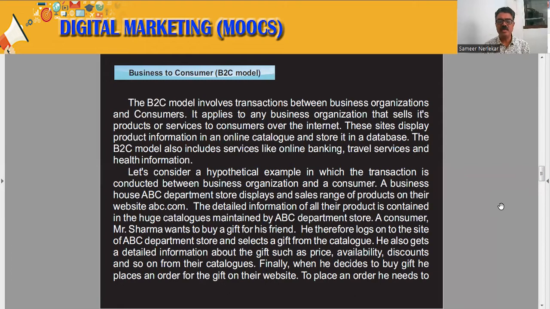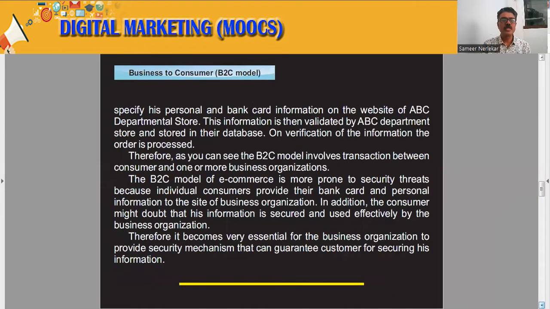Finally, when he decides to buy a gift, he places an order for the gift on their website. To place an order, he needs to specify his personal and bank card information on the website of ABC departmental store.